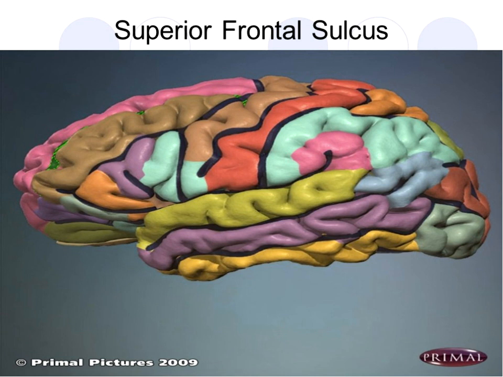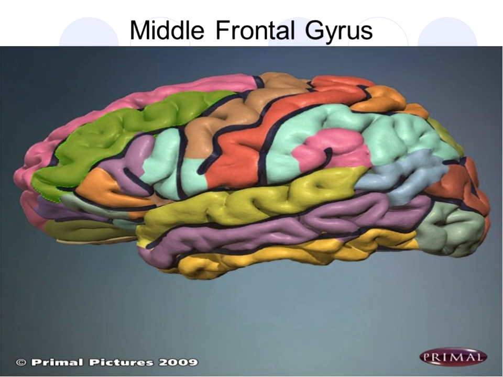Okay. Then what we have is the superior frontal sulcus, which you see in the green here. Okay, that's the sulcus. So I showed you this already. Then what you have is the middle frontal gyrus here in the green.